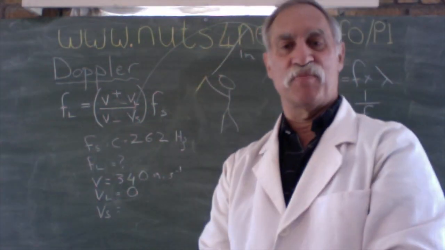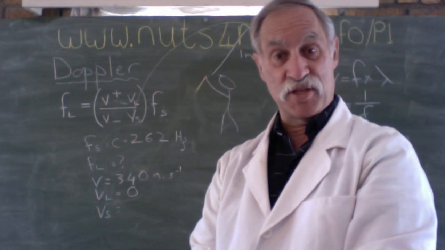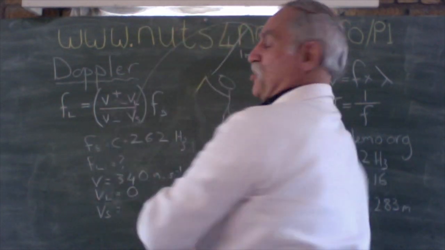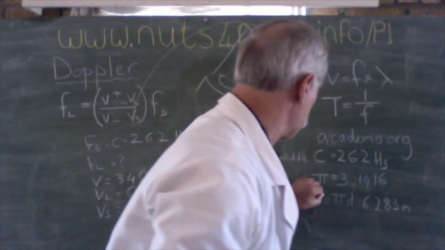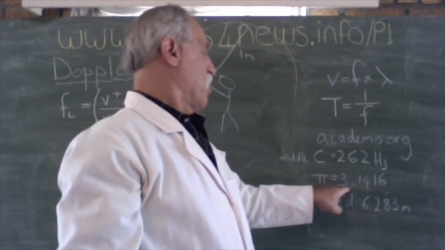And this is where we can put our maths into effect: if you take pi times diameter, 2 radiuses, pi times diameter gives you the circumference of the circle. So the circumference of the circle is pi times diameter, where pi is 3,141.